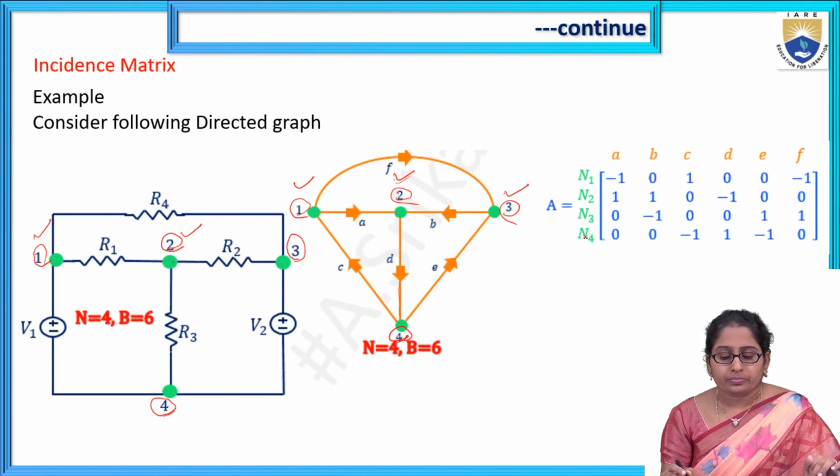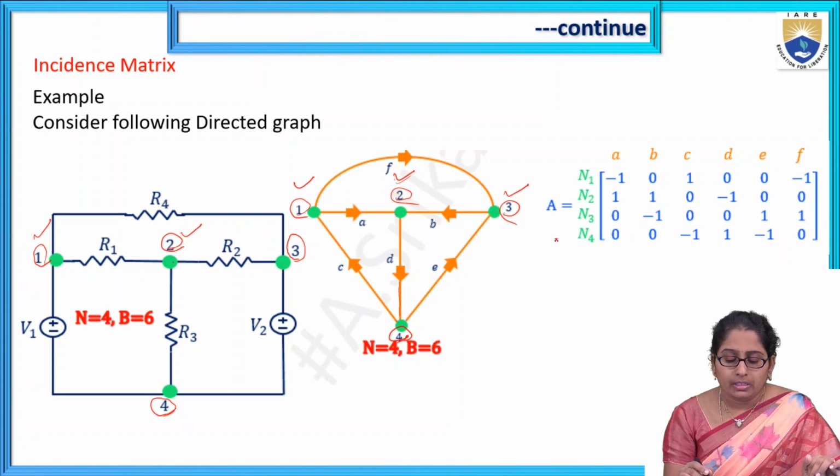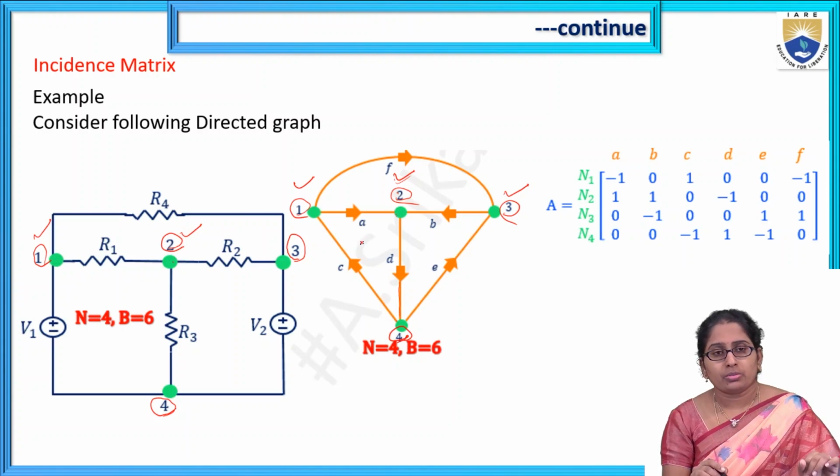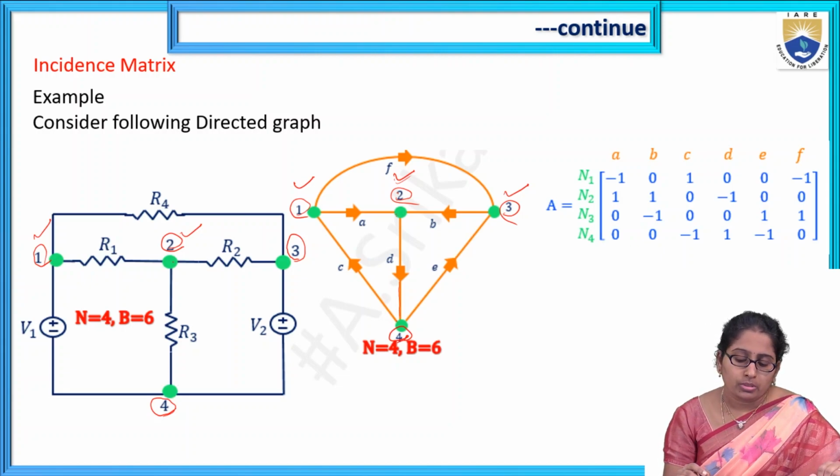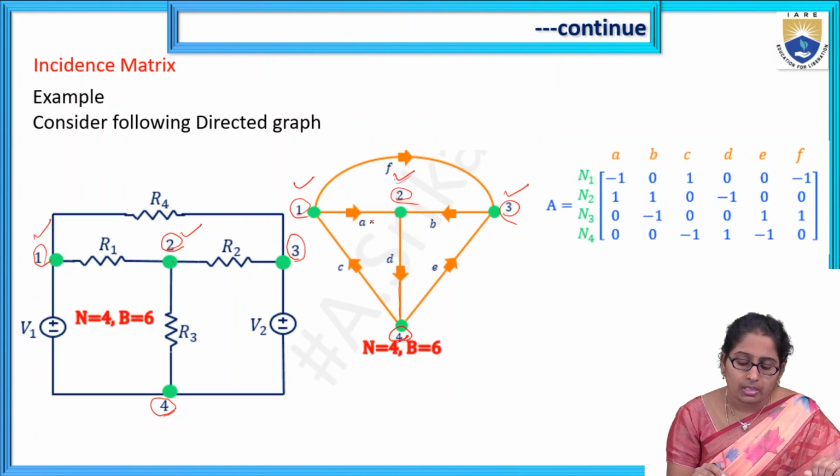Now see the branches. Randomly we can take which branch is A, B, C, D, E, F. We can take them as our choice. I have taken this as branch A, whose direction is also our choice.